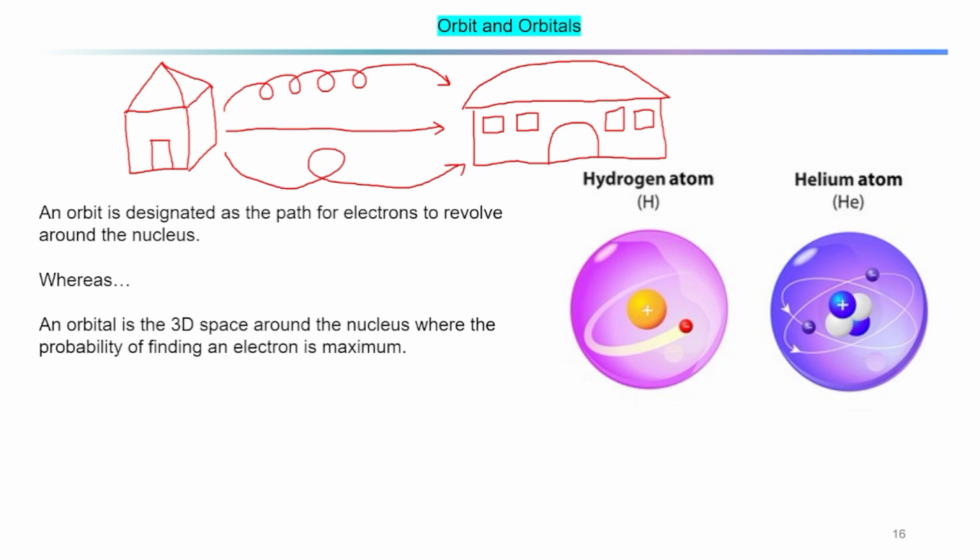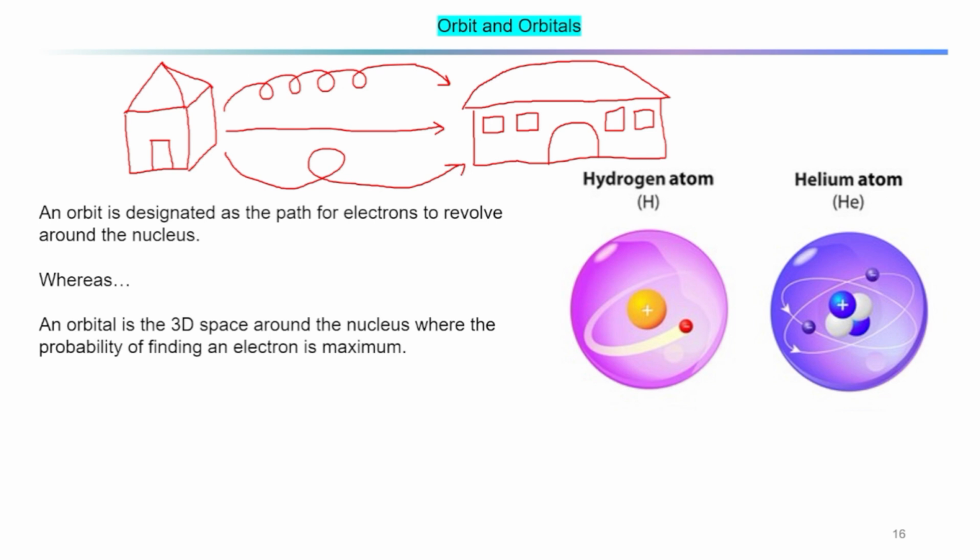So there are different possibilities. From home to the school, the distance is the same, but still there are different possibilities. You can go by walk, by cycle, or with your father by car. Similarly, electrons also have different possibilities or probabilities. They can occupy different paths or different portions of an orbit.